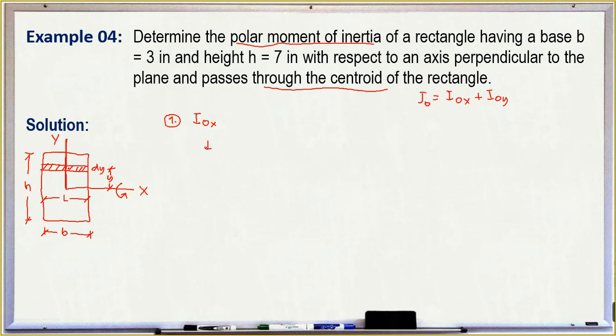So the general formula, again, IOX is equal to the integral of its distance, that is y squared, the area. Now we all know that the area, dA, is just equal to L dy.